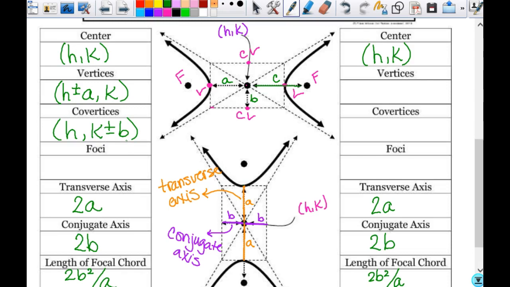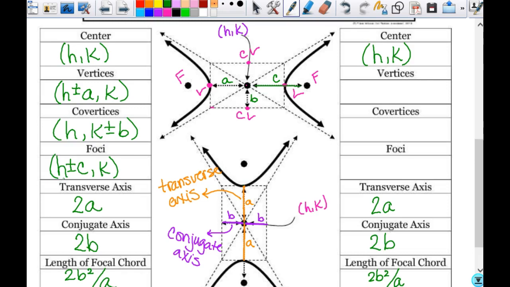Foci, again, in this one, it's the x that's changing for that. So h plus or minus c, comma, k. And if you didn't have to graph it, but you were trying to figure this stuff out, you can make yourself a quick graph too. If I don't remember whether I'm adding or subtracting, if you can get the idea of what's going on with your graph, you'll be able to figure out which way you're going.